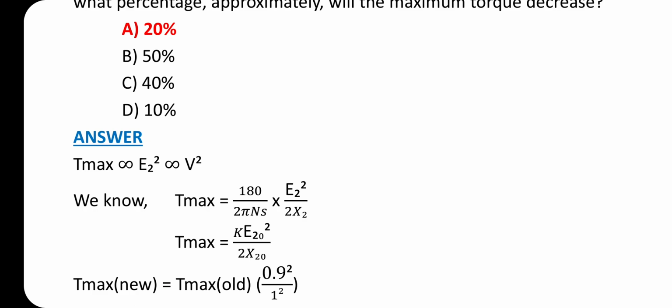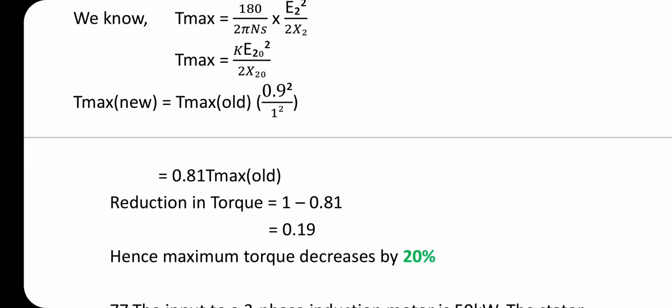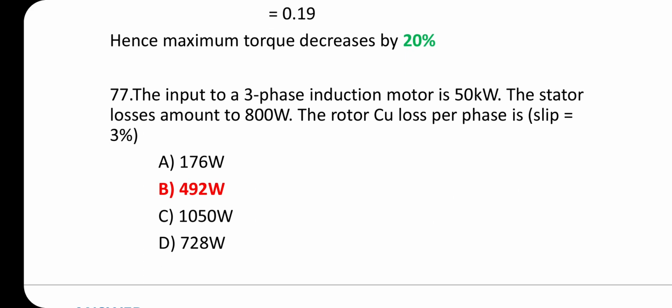That is Tmax equals K into E20 square divided by 2x20. Tmax new equals Tmax old into 0.9 square divided by 1 square. We get 0.81 Tmax old. Reduction in torque equals 1 minus 0.81, which is equal to 0.19. Hence, maximum torque decreased by 0.19 into 100, approximately 20%.